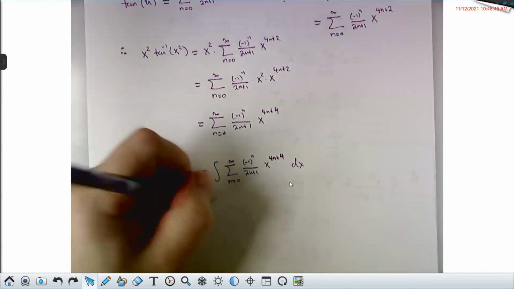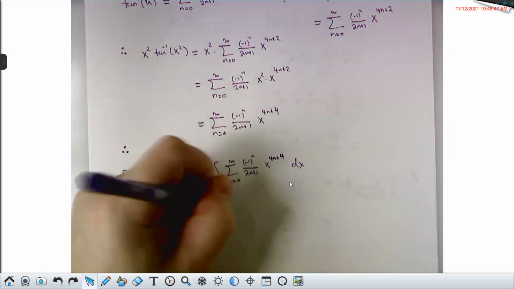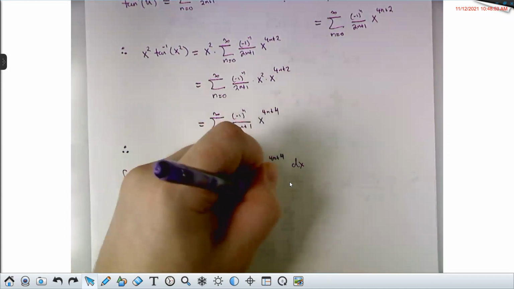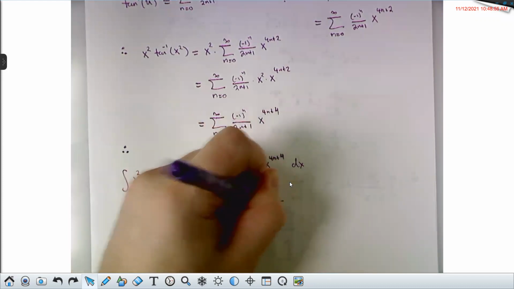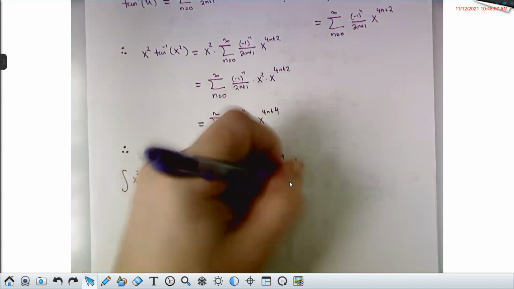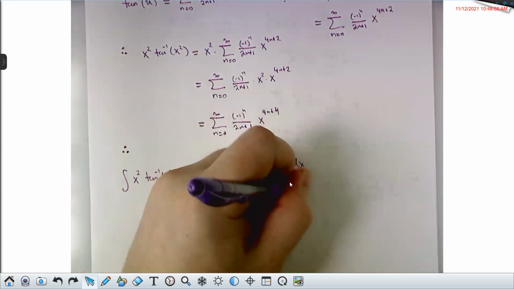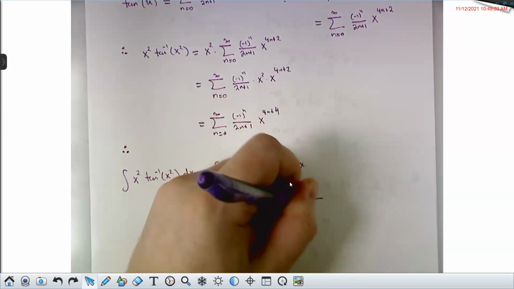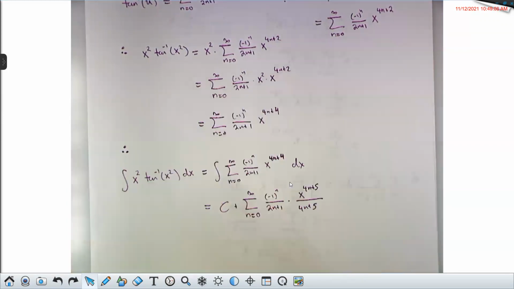And that's a power rule integral. That's the beauty of this stuff, is that you always just end up integrating straight up powers of x, which is as easy as integrals get. You knew that back in Calc 1. So this will be x to the 4n plus 5 divided by 4n plus 5.